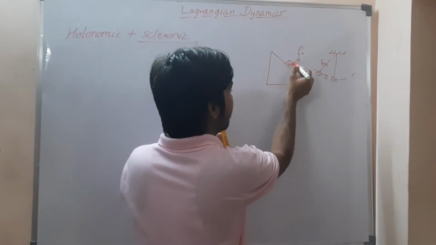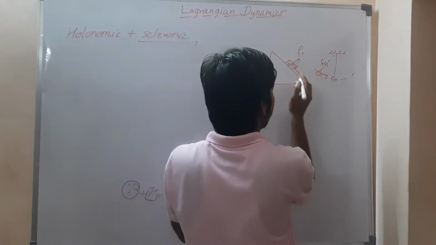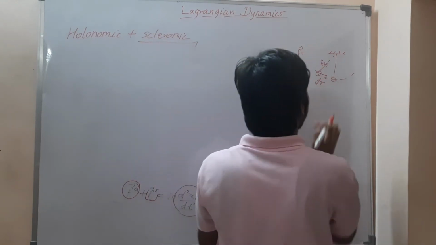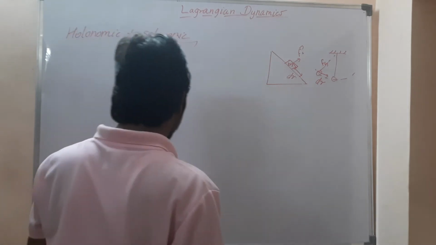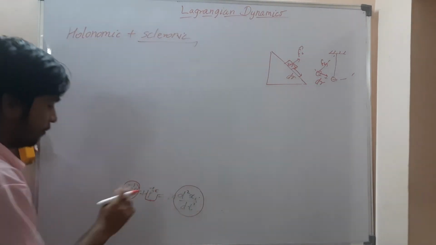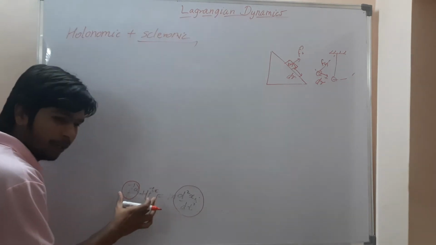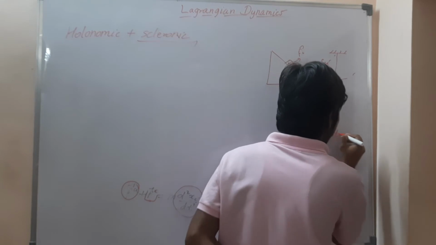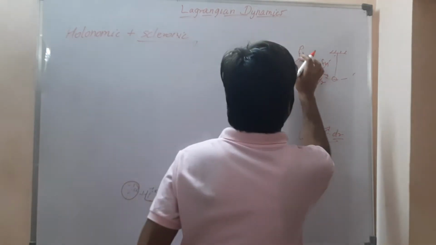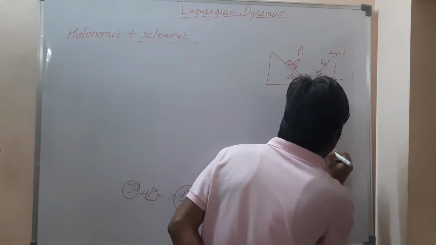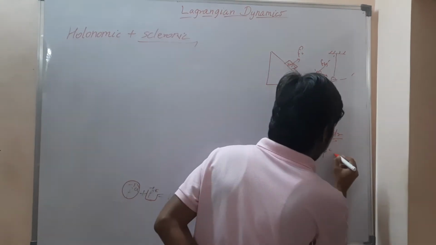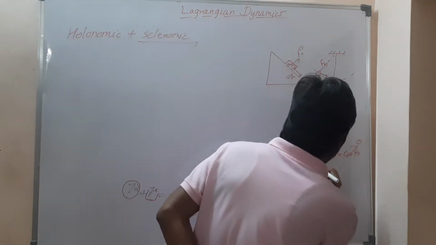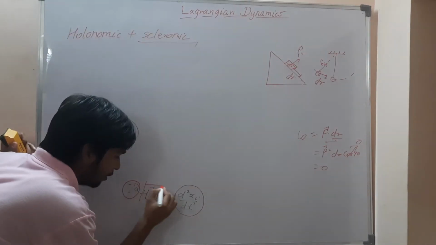So the angle between both displacements, if I take dr here and dr there, is perpendicular. To define this, I take the dot product for work done, the integral of F dot dr. The angle is 90 degrees, so for force of constraint I can write dr cos 90 degrees, and cos 90 degrees is 0, so it becomes 0. So this problem will get solved.